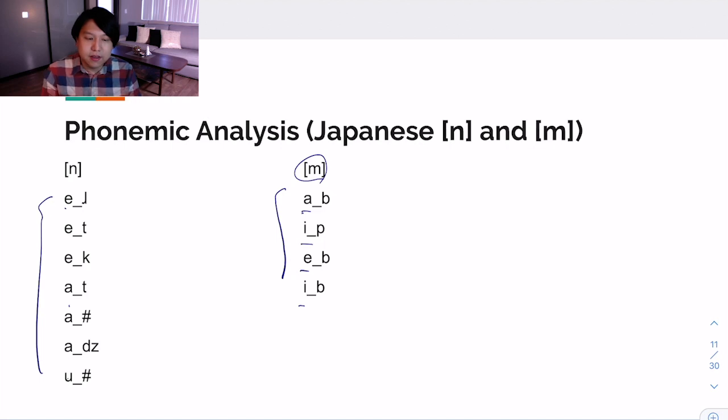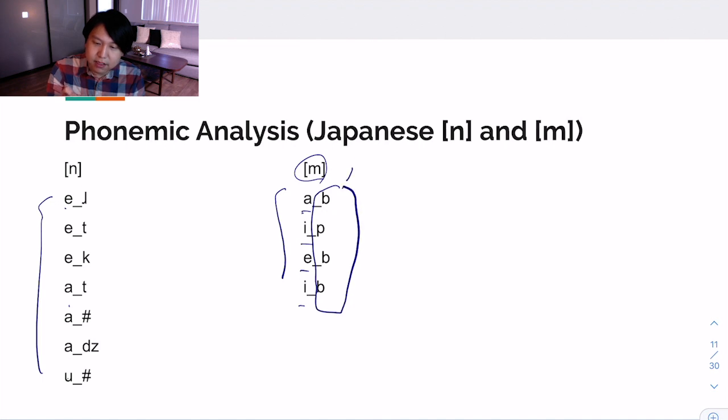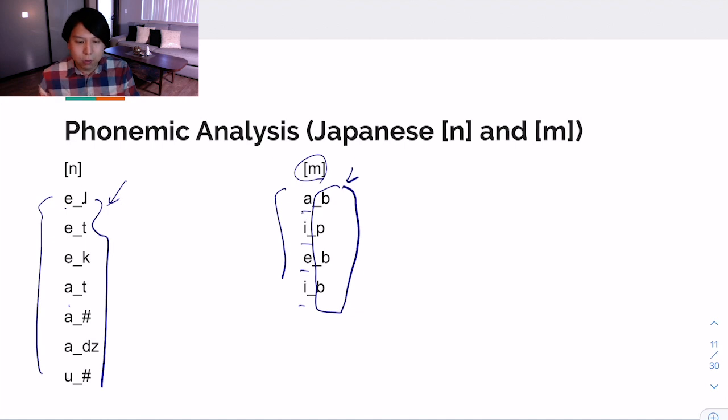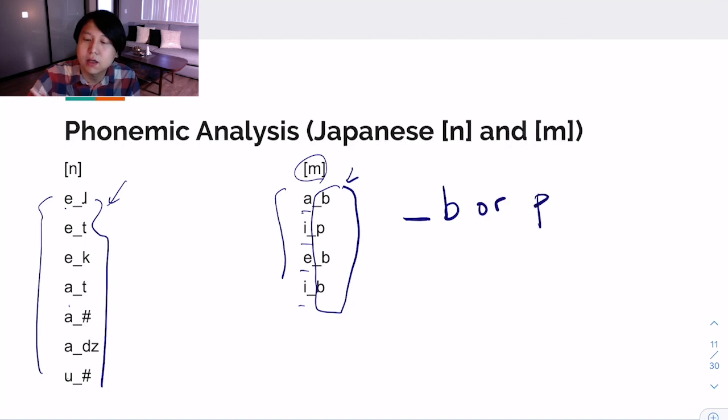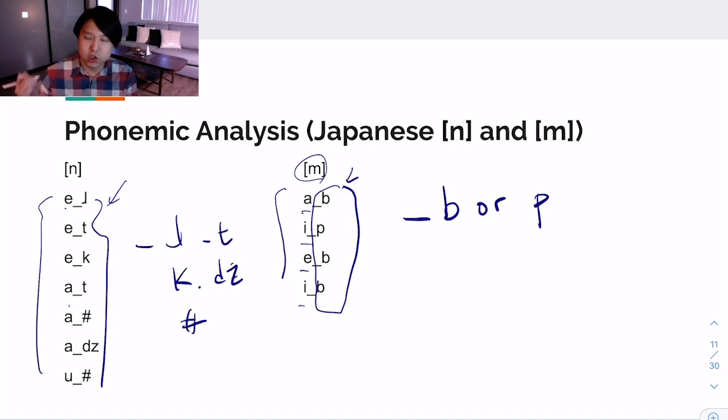But if you see the right part of this environment, you can see ba and pa sound exist here in the list, but not in this list. So you can conclude that M sounds exist before B or P, and N sound exists before R, T, K, Z, and word final position.